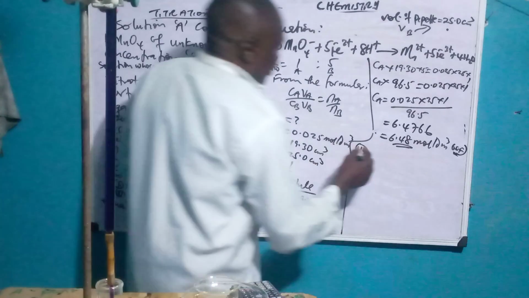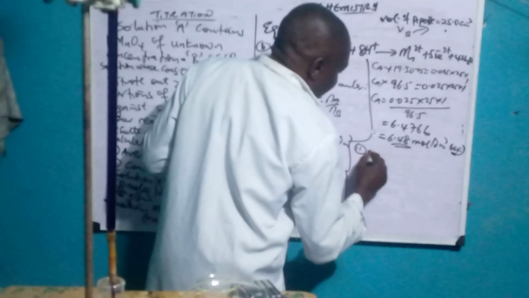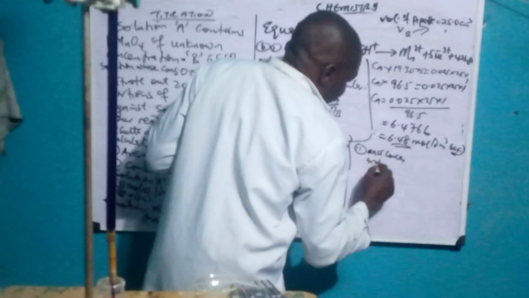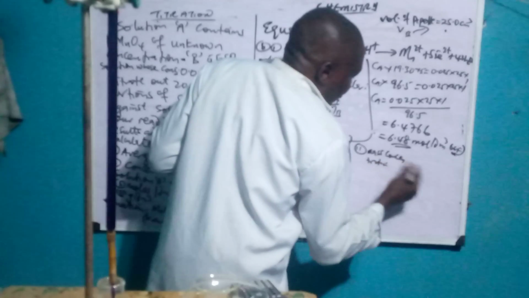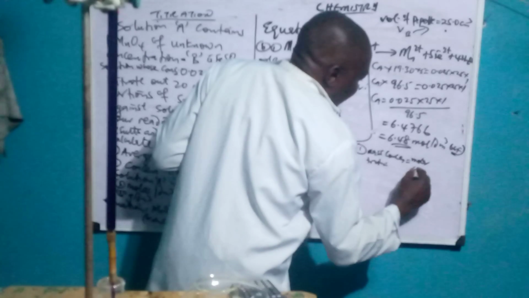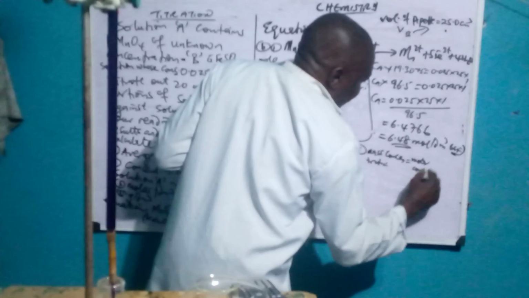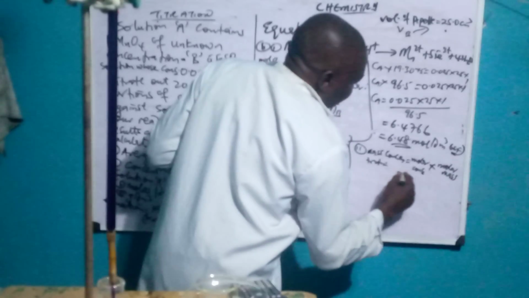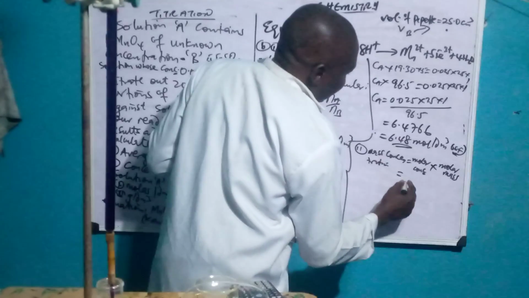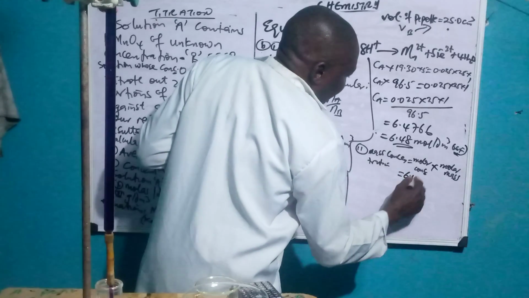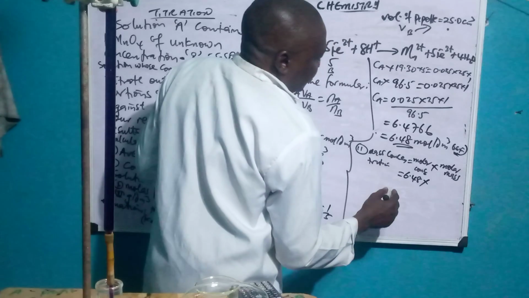I know that mass concentration, or concentration in gram per dm cube, equals molar concentration times molar mass, which is the same as this molar concentration for A. So you have 6.48 times the molar mass.